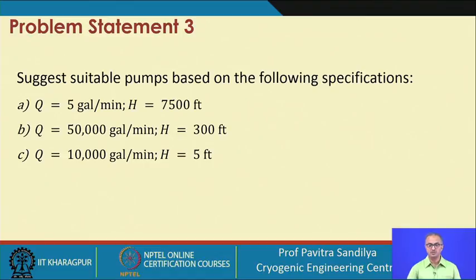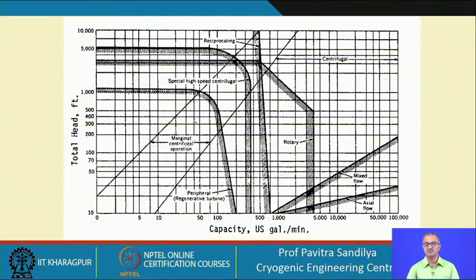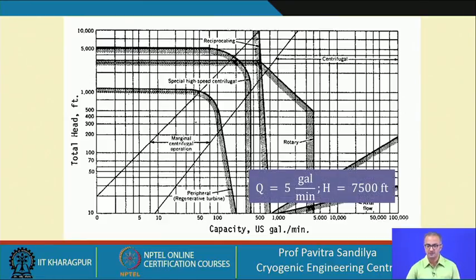So, here what we shall do is consider this particular chart which gives us the selection criteria for the various pumps, and it is plotted with respect to the total head and the capacity. And we will take one by one all these things. So, first we shall talk about the 5 gallon per minute, and the head is 7500 feet.